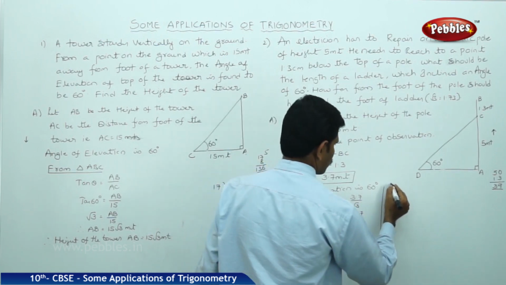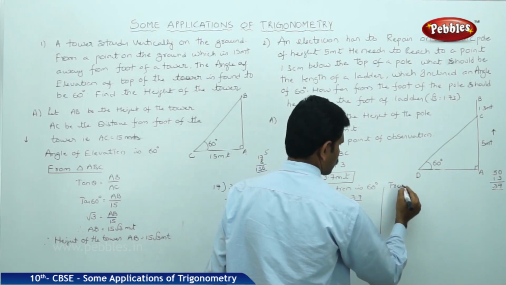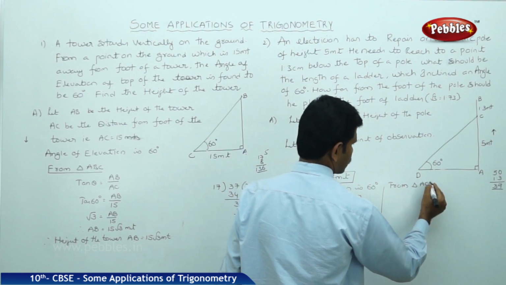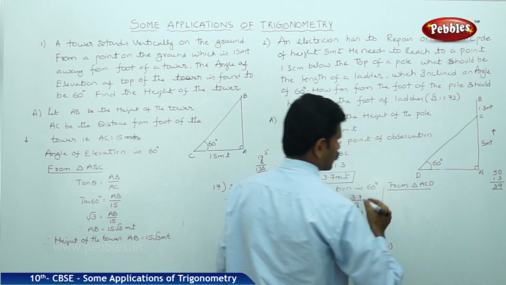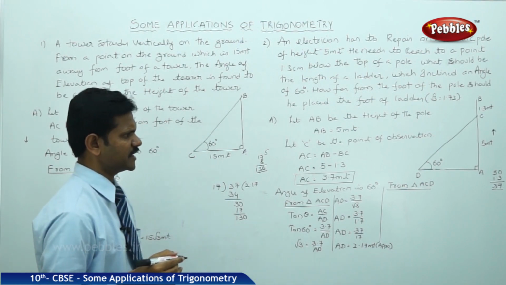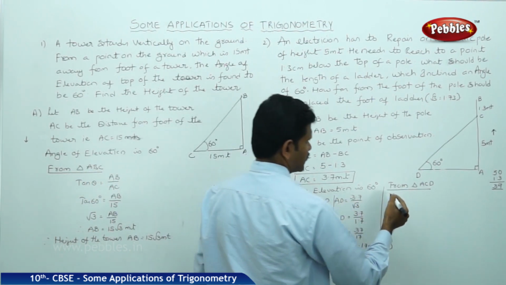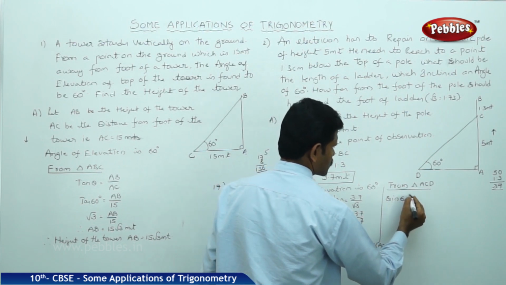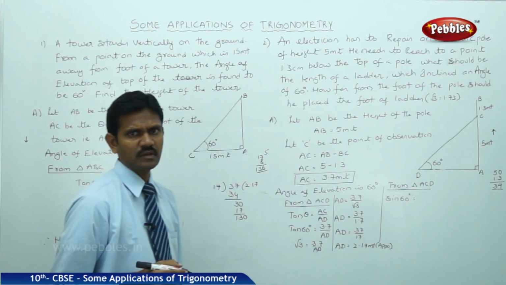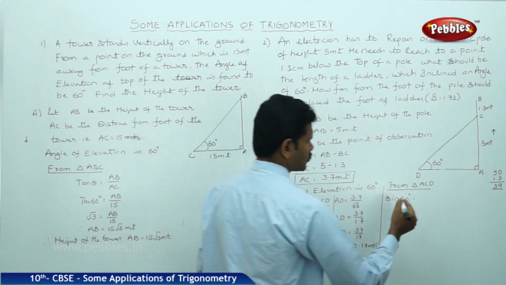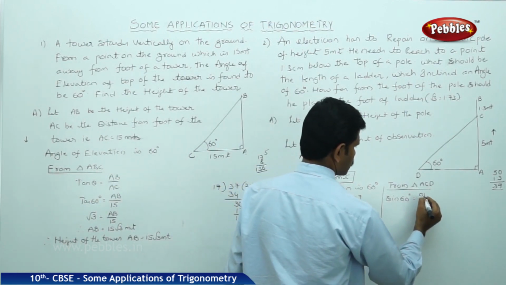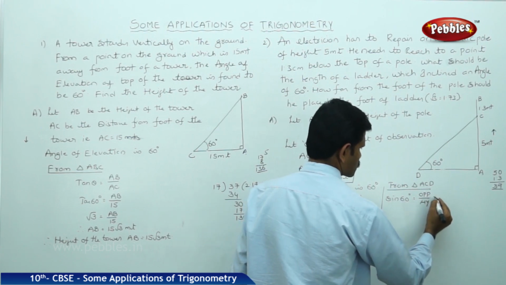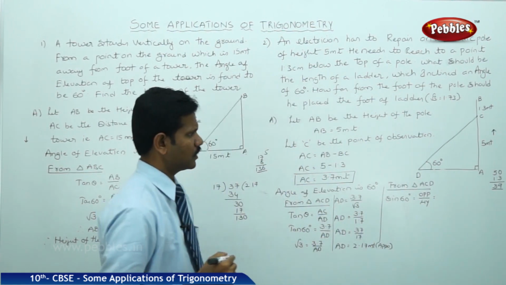Again, from triangle ACD, sine 60 degrees is equal to opposite side by hypotenuse, standard formula.